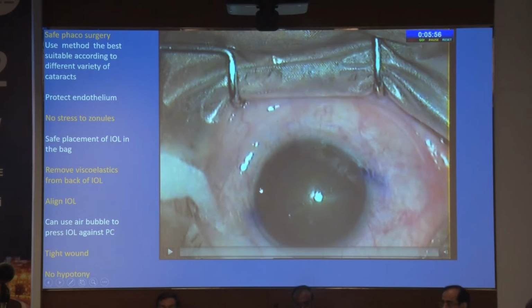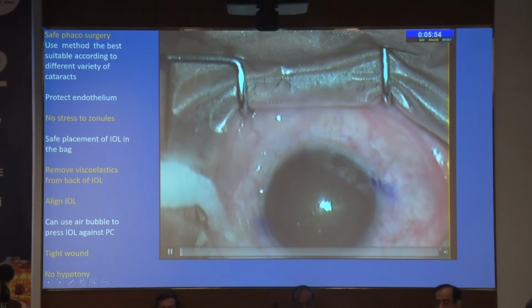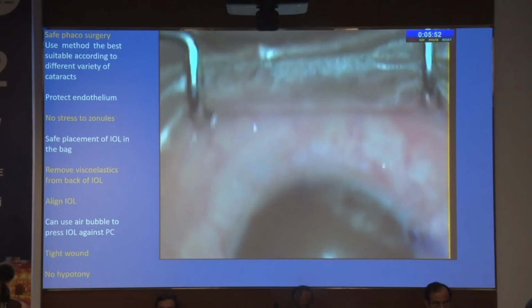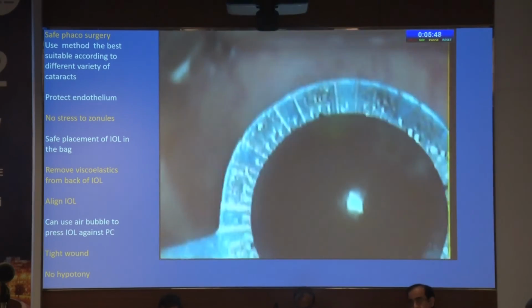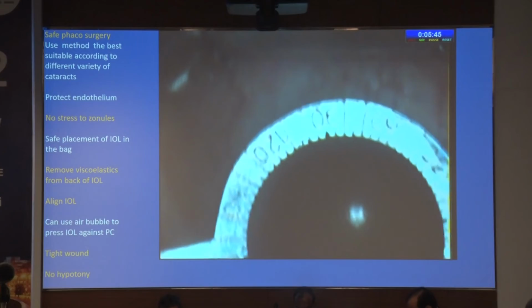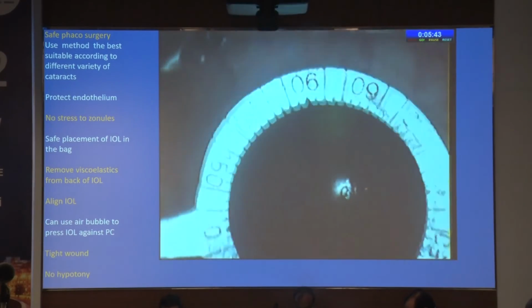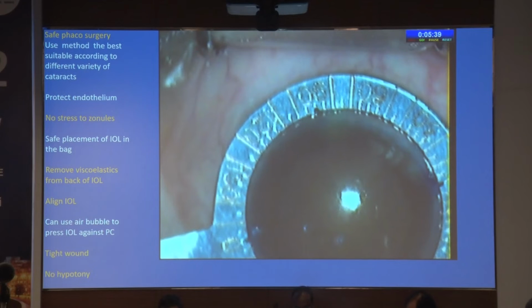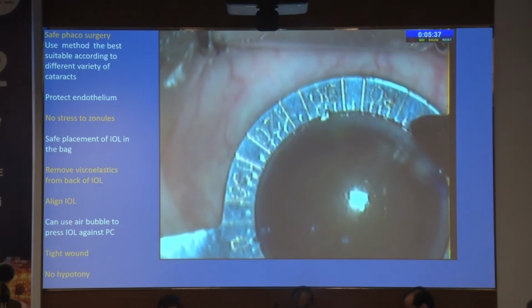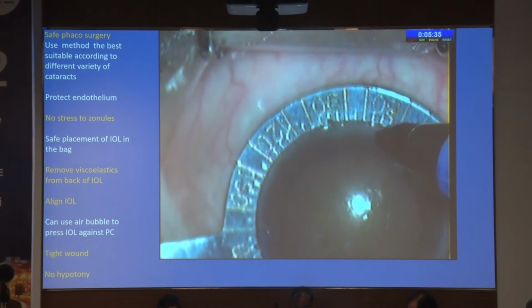Now, what more has to be observed in these cases? You get different varieties of cataract density. It could be a soft cataract, it could be a hard cataract. Use the best method of doing phaco that you are accustomed to. It should be like a normal phaco.